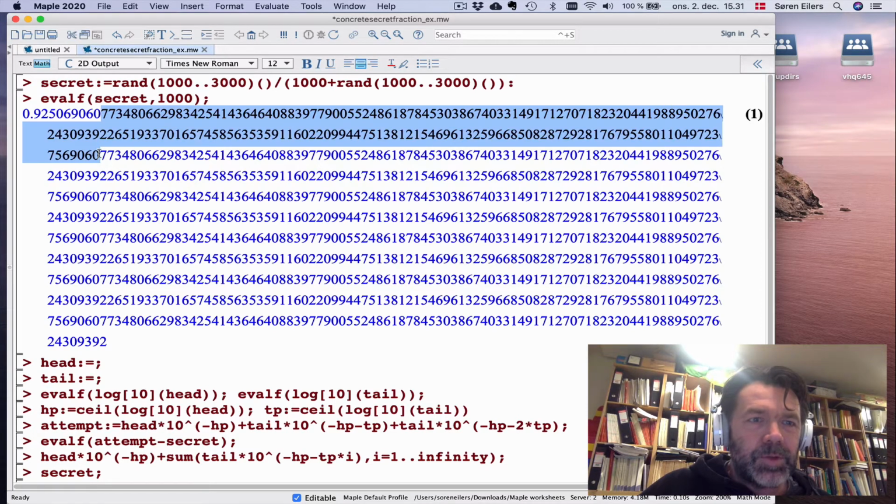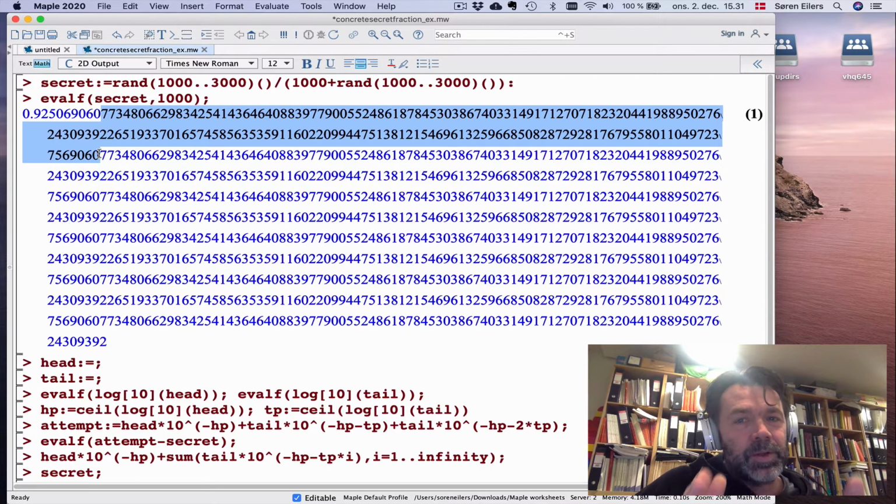So what you see here is that I have some sort of beginning, and the beginning I chose was 92506069060, and then I have something which is repeated, and now it's basic elementary math to reconstruct the number like this.